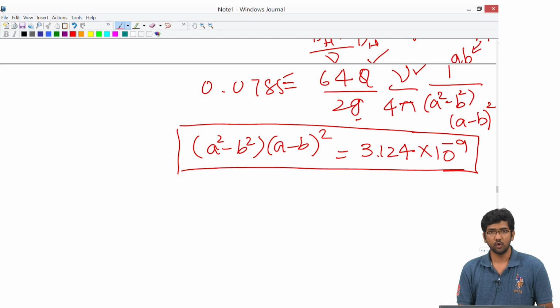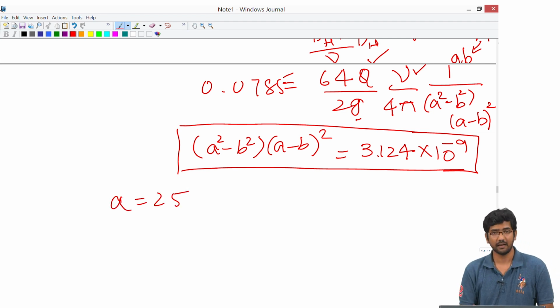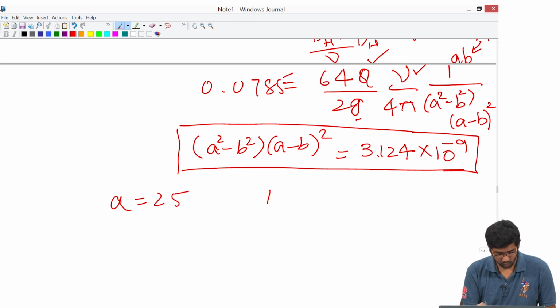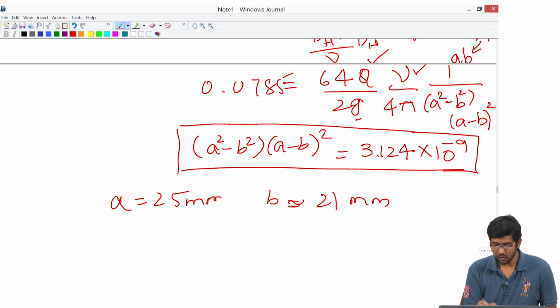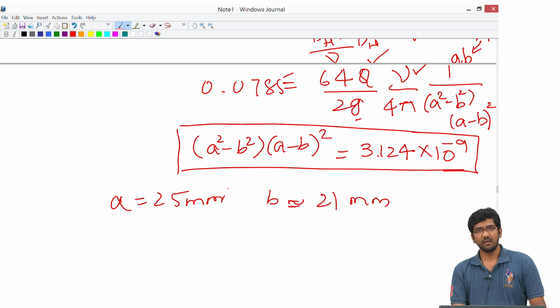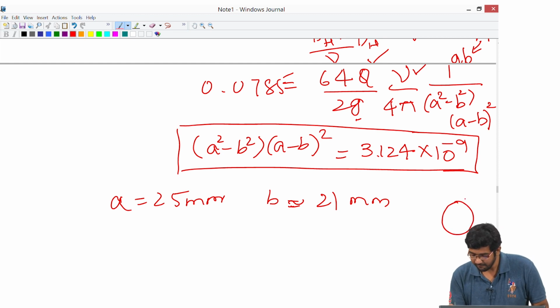And if you take the value of A equal to 25, which is given in the schematic, the value of B that we get is around 21 mm. So, if you want the efficiency of an annular pipe to be the same as that of a circular pipe, then we need to have a very thin annular ring.